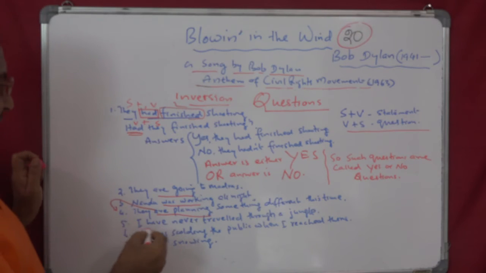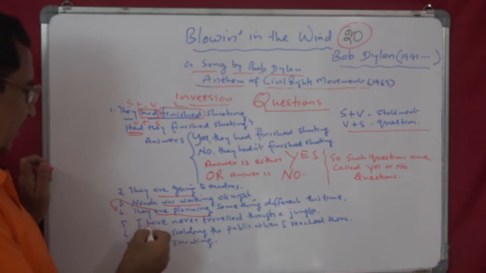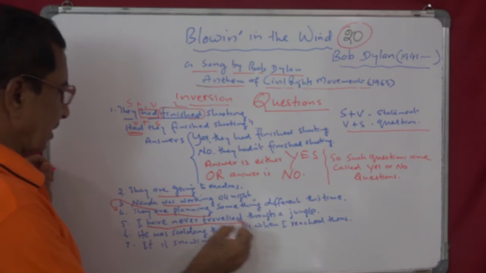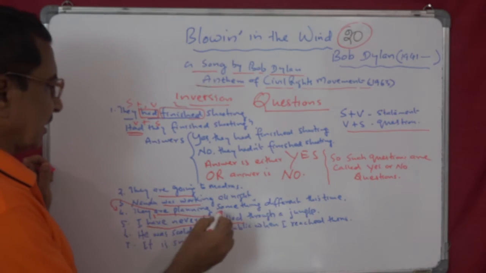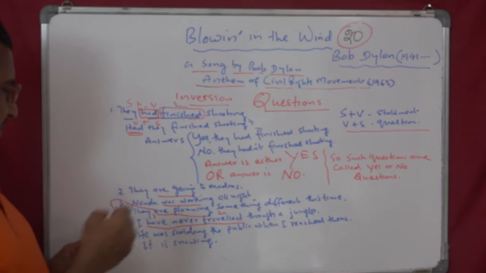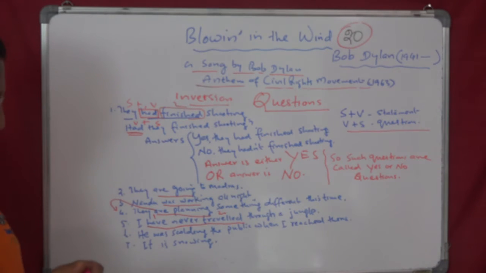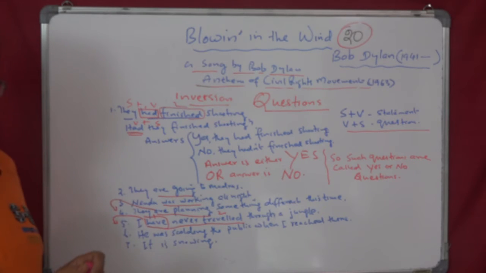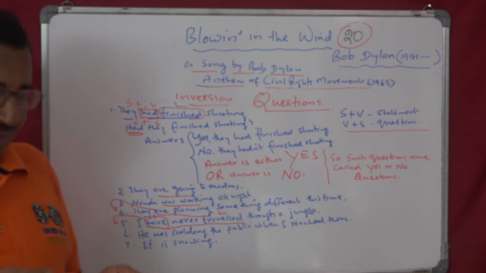Next one: I have never traveled. This is the first member, this is the second member: have traveled. So what will be the question? Bring it here, have, and I will become you because the question is addressed to the second person.